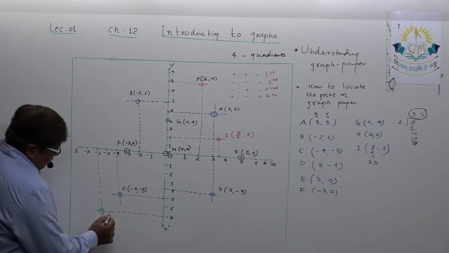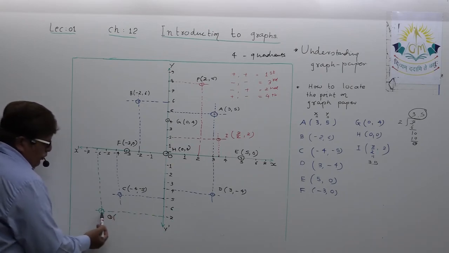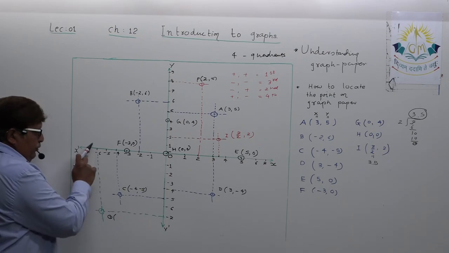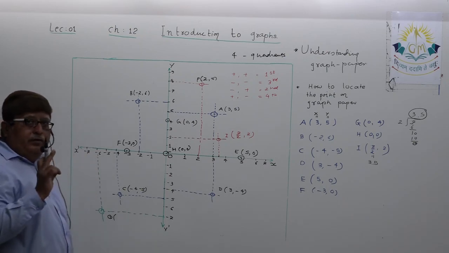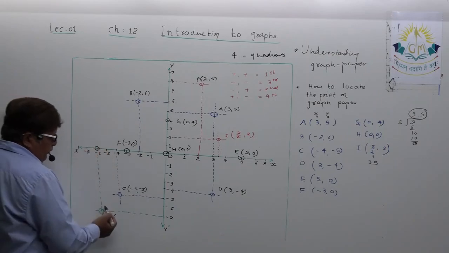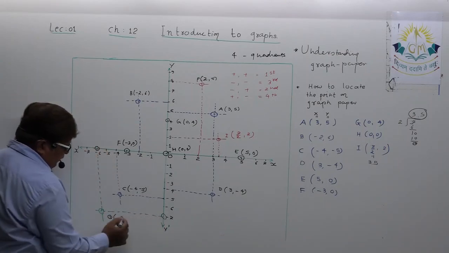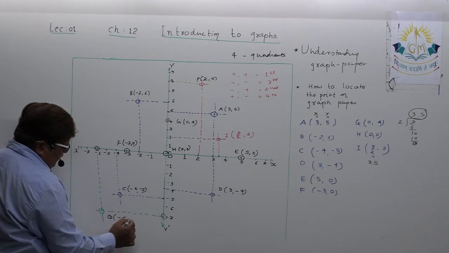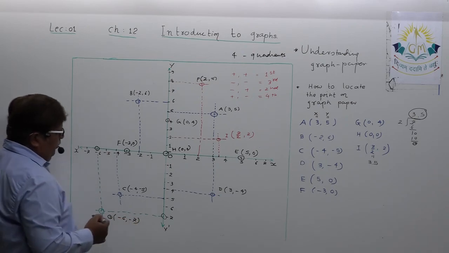Suppose I say point Q. How will you go? First, see the horizontal line. Always you need to first concentrate on the x coordinate. See, this is the x coordinate minus 6 and this is minus 1. How will you write? Minus 6 comma minus 7.